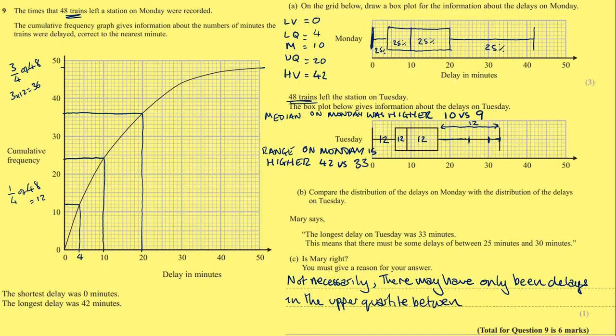We're going to go with 32 minutes, 31 minutes to 33 minutes. That might just have been the way it is. Okay, there might have been all these 36 here and then nothing delayed, nothing delayed, nothing delayed, nothing delayed, and then a big chunk of delays there. Could be. Okay, but Mary's not necessarily right.